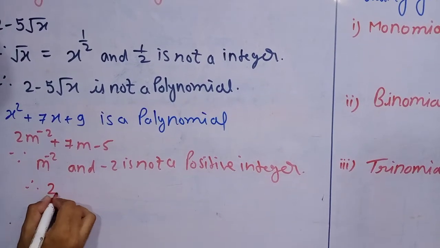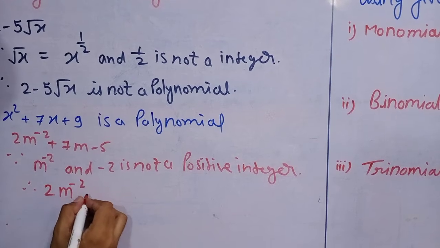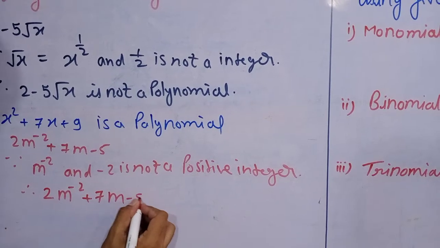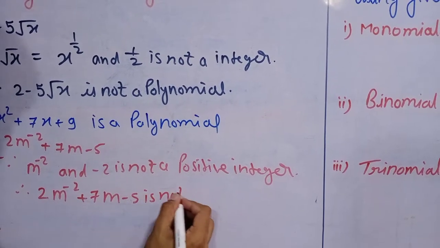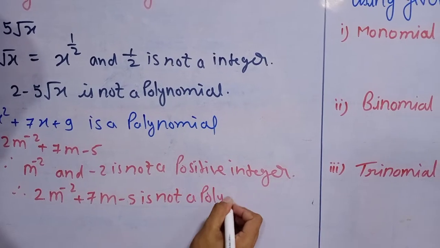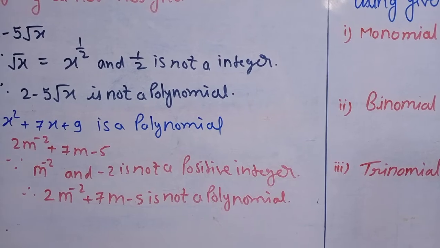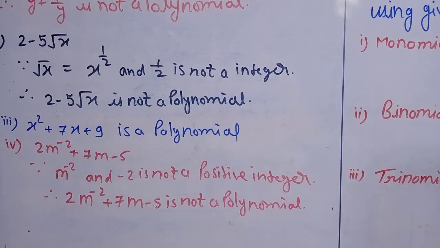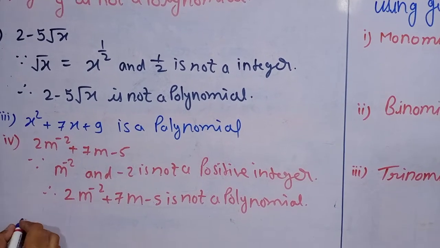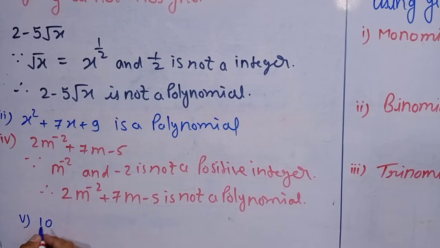Therefore 2m raised to minus 2 plus 7m minus 5 is not a polynomial. Yes.